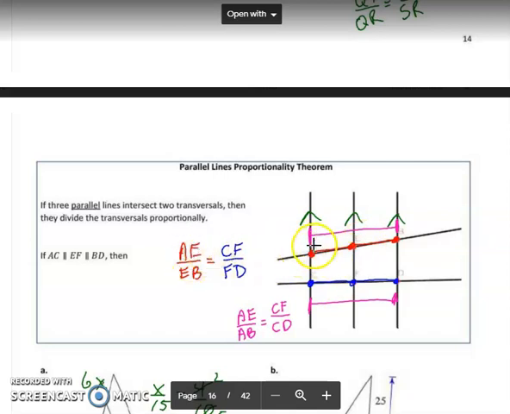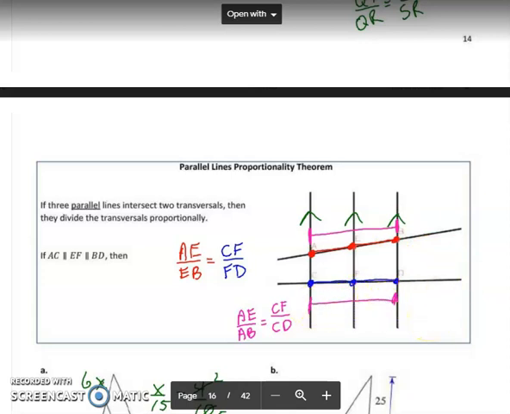It looks like this is A, maybe B, C, D, that's E and F, I guess, is what it looks like. I can't, for some reason, see it very well on mine. But those are the pieces that could be set up. And then once again, keep in mind the whole side would be proportional to the whole side.